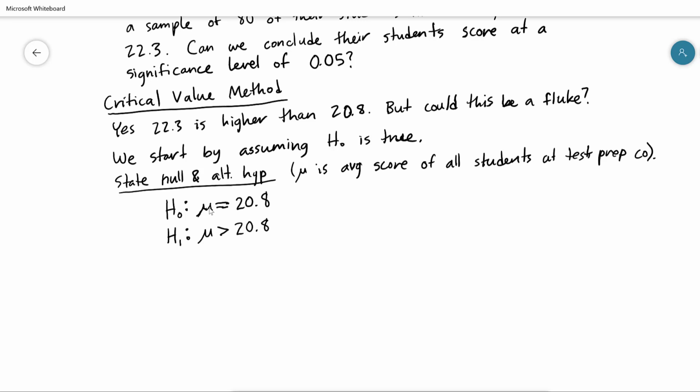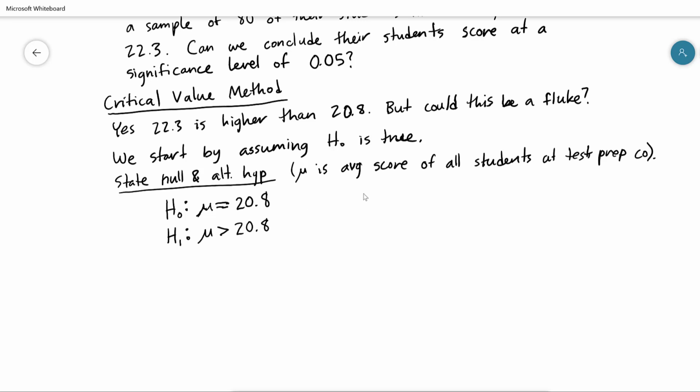The null hypothesis is no, it makes no difference to take their test prep or not, and the average score of these students is really the same as everybody else. And the alternate hypothesis is that it actually is effective. Their average score is higher than the 20.8.